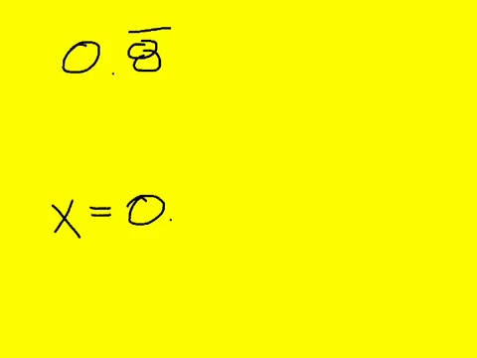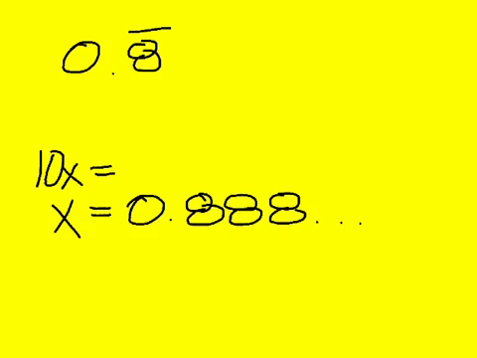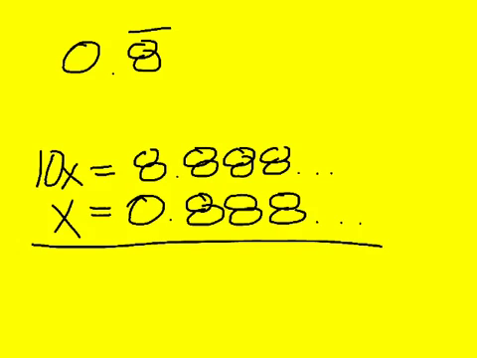Here's another example. 0.8 repeating. x equals 0.888 repeating. Multiply by what number? 10. So I have 10x equals what? 8.888 repeating.